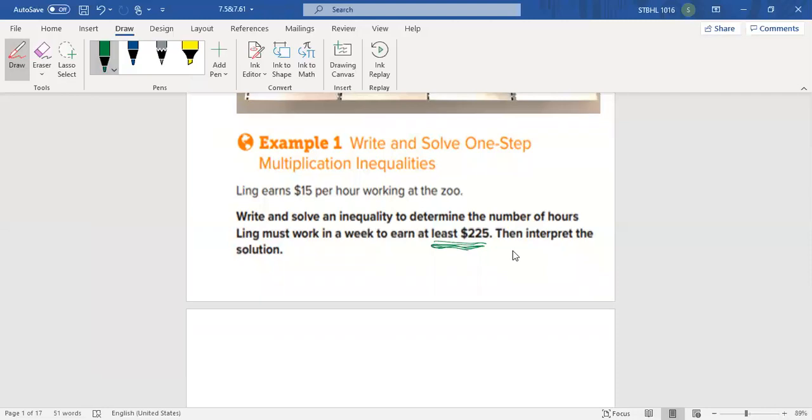At least. So at least 225, right? And 15 per hour, which means 15 times how many hours. So I have to find how many hours. So 15 times x. Suppose x, or any variable, represents the number of hours.